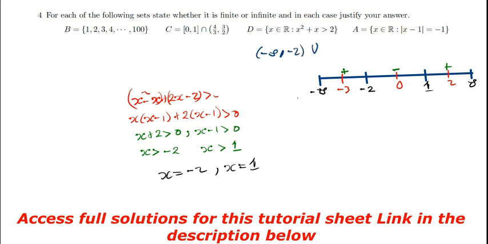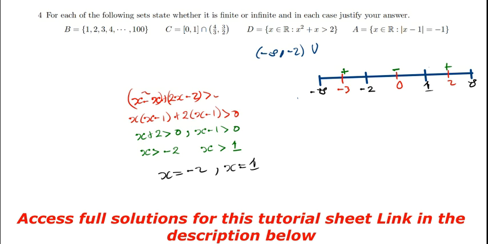If you pick any number between negative 2 and 1, the result is going to be negative, which means that the number we obtain will be less than 2. We don't want the number to be less than 2. We want a number to be greater than 2. So we're not interested in this area.